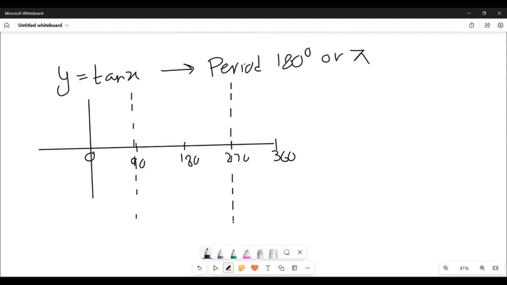Then tan 0 is 0. So you have a 0 here, and then the line goes like this. It shoots up, but it must never touch the asymptote. Don't let it touch. It will go as close as possible to the asymptote. In fact, this distance will keep decreasing as it goes up, but these lines can never meet.